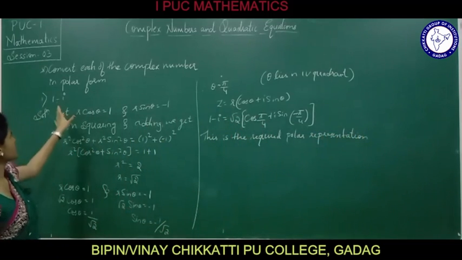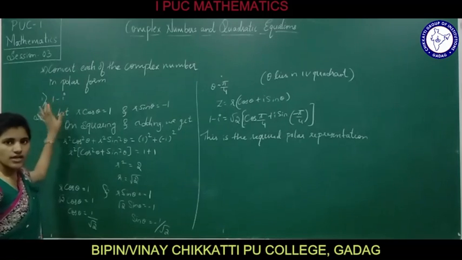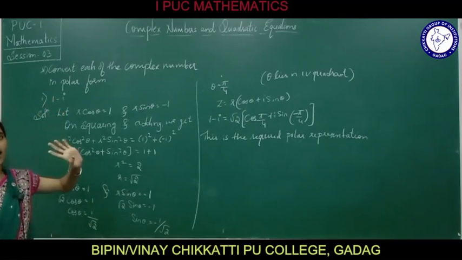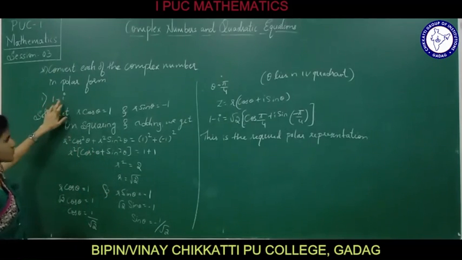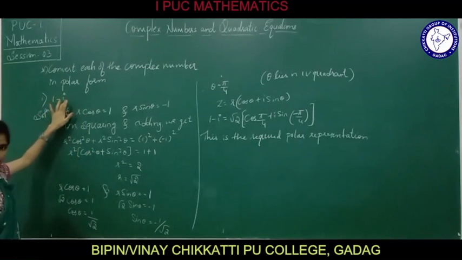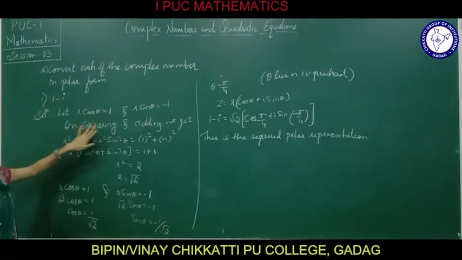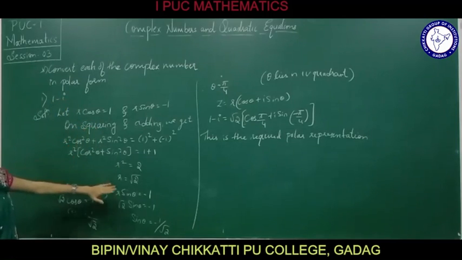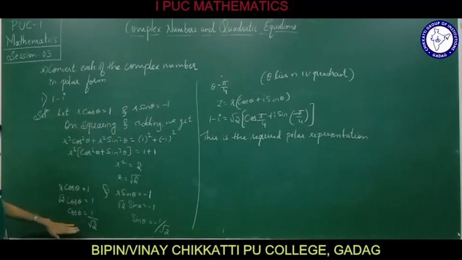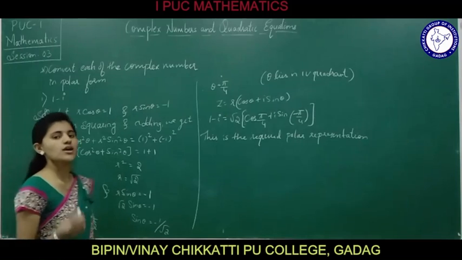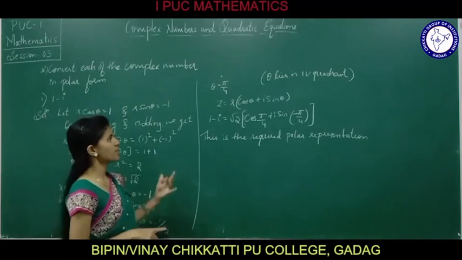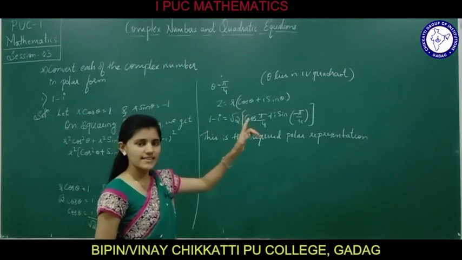We have just represented, we know z will be equal to r cos theta plus i into sin theta. r cos theta is 1 and r sin theta is minus 1. On squaring and adding, we got r as root 2. So in place of r, we have substituted root 2. We know that cos theta is 1 by root 2 when theta is pi by 4, and also theta lies in the fourth quadrant.